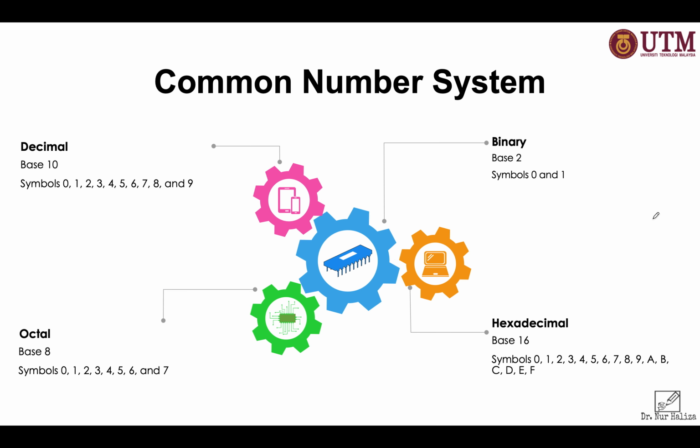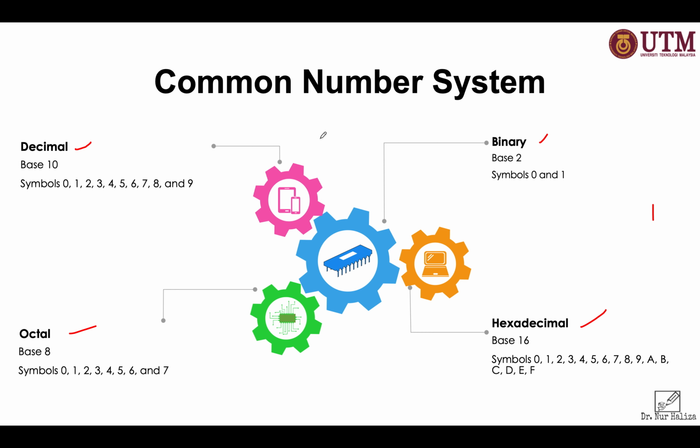These are the common number systems, and you're going to see them in your mathematics subject and also in computing. You use decimal numbers, and then binary, octal, and hexadecimal.